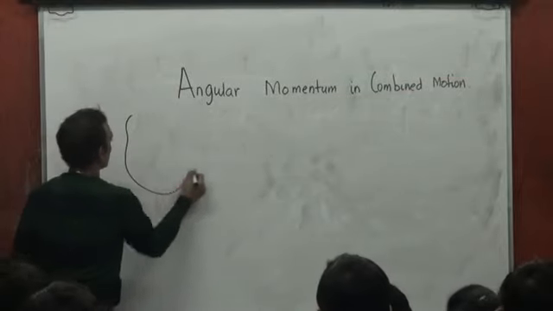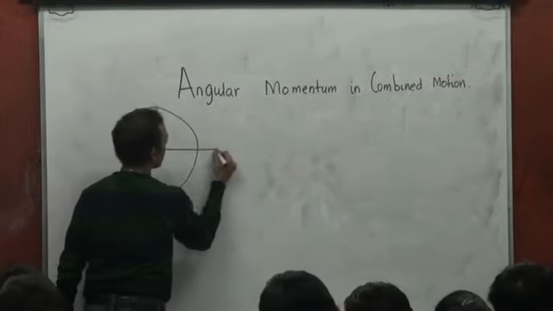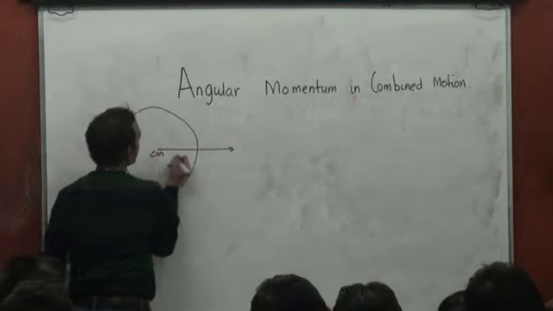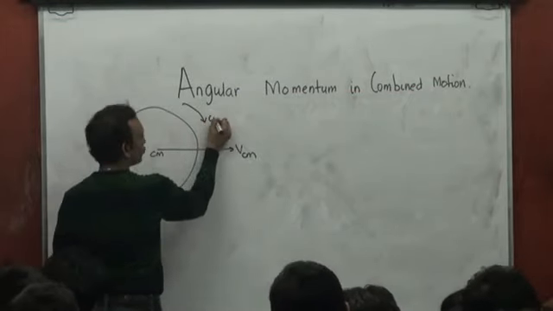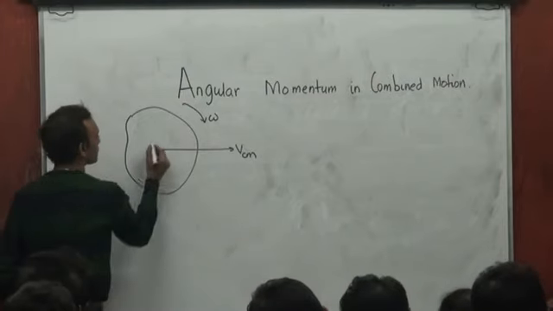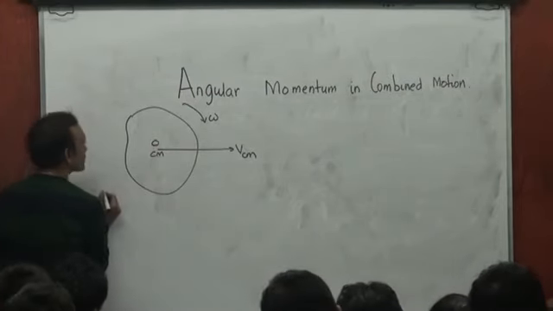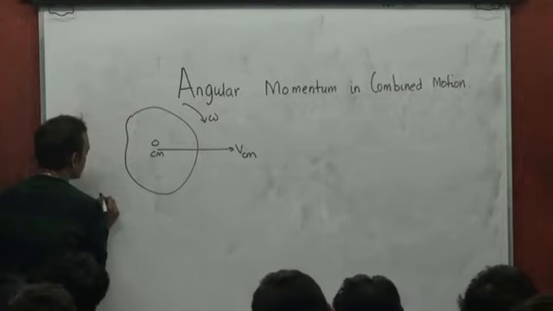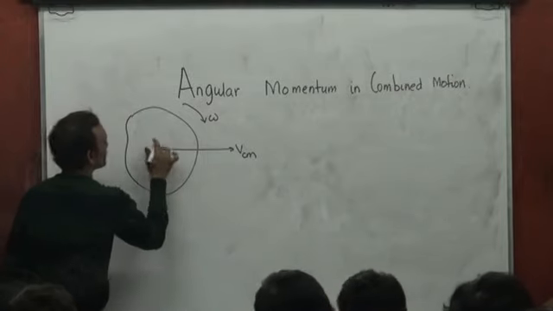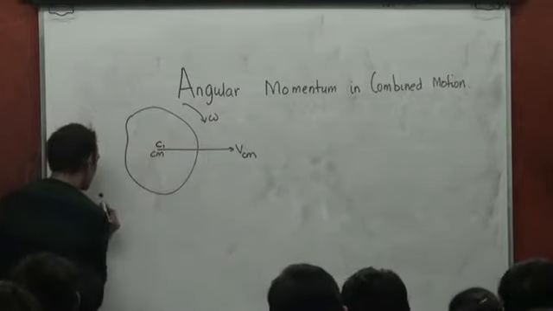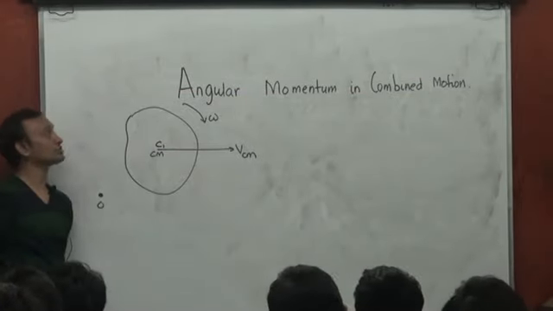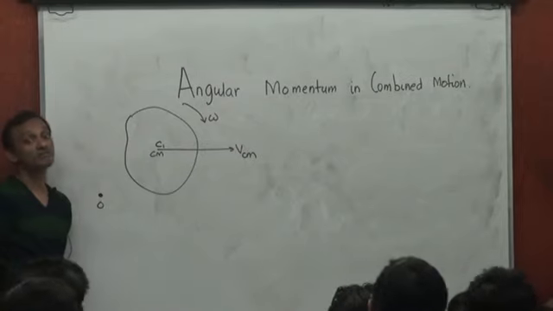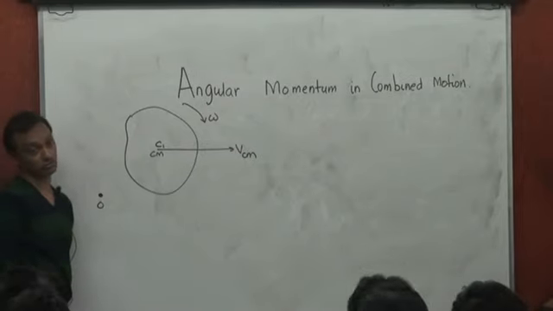Combined motion means I have a rigid body characterized by VCM and an omega. This is the point O, which is the center of mass, and I want to find the angular momentum about O for this collection of particles in a state of general rigid body motion.